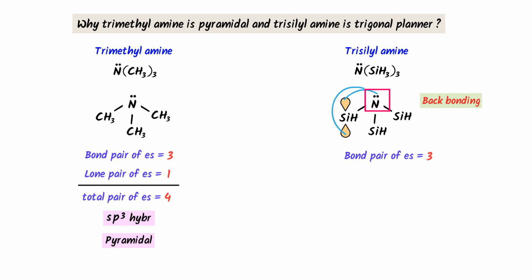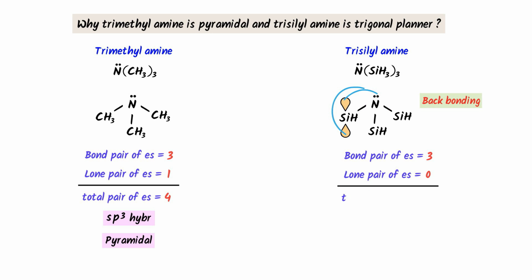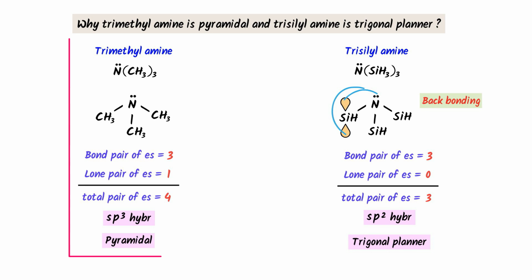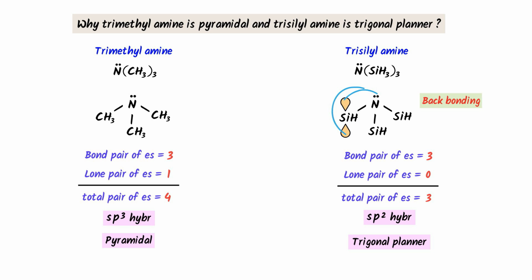Nitrogen has transferred its lone pair of electrons, so the lone pair of electrons is 0. Total electron pairs is 3. We know that if total electron pairs is 3, the molecule is sp2 hybridized and its geometry is trigonal planar. Thus we say that trimethylamine is pyramidal because nitrogen is sp3 hybridized, while trisilylamine is trigonal planar because nitrogen is sp2 hybridized. Hence note down these important questions.